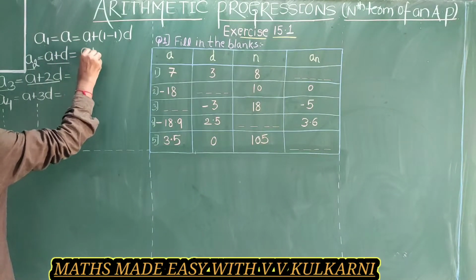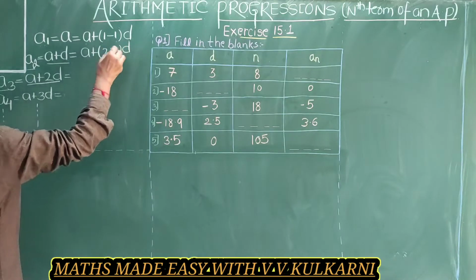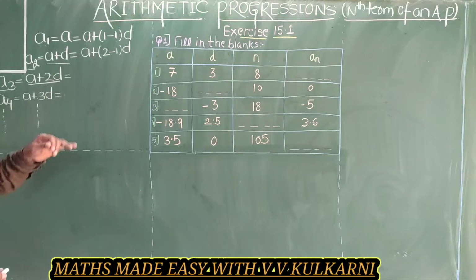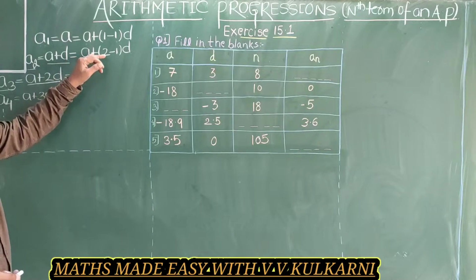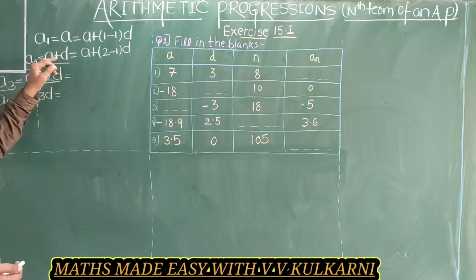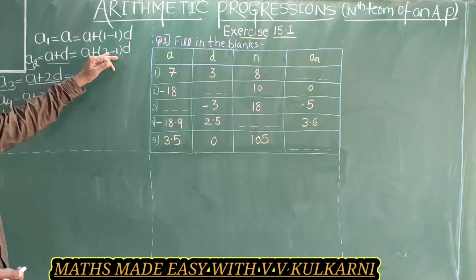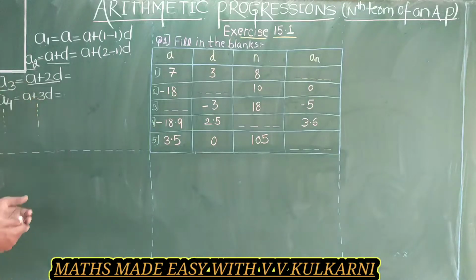I will write it as A plus 2 minus 1 into D. Let me check what I have done. 2 minus 1 into D is 1D, that is A plus 1D. So instead of writing 1D, I am writing it as 2 minus 1.